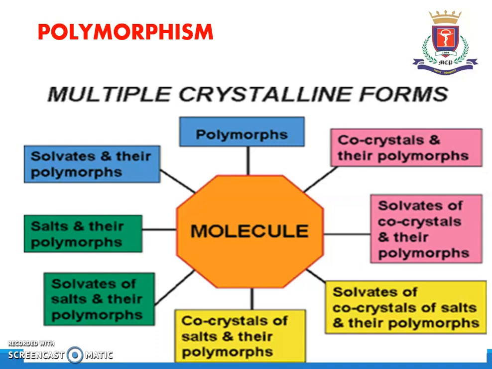As you can see in the diagram, a molecule is available in various crystalline forms like polymorphs, co-crystals and their polymorphs, solvates of co-crystals and their polymorphs, co-crystals of salts and their polymorphs, solvates of salts and their polymorphs, different salts and their polymorphs, and solvates and their polymorphs.